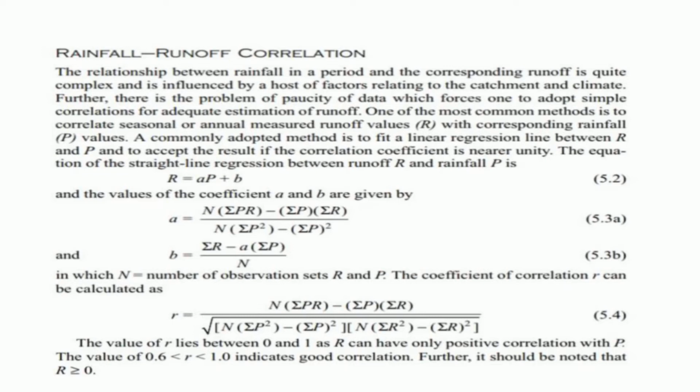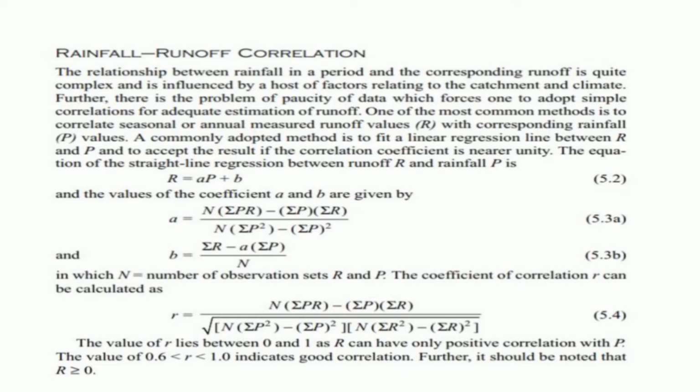Rainfall-runoff correlation. The relationship between rainfall in a period and the corresponding runoff is quite complex and is influenced by a host of factors relating to the catchment and climate. Further, there is the problem of paucity of data, which forces one to adopt simple correlation for adequate estimation of runoff.